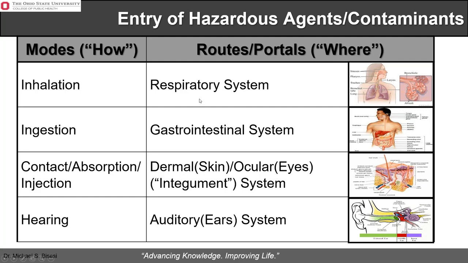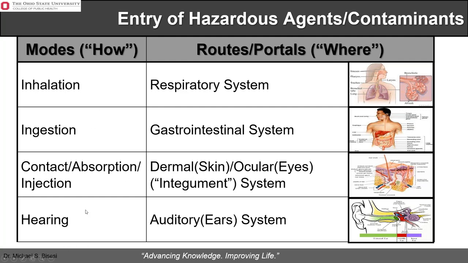And just if you're curious, the respiratory system is about 100 square meters of exposed tissue. Gastrointestinal system, more than 300 square meters of exposed tissue, whereas the integument is only about 2 square meters of exposed tissue, although all of these are important.